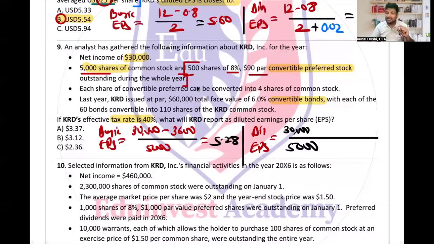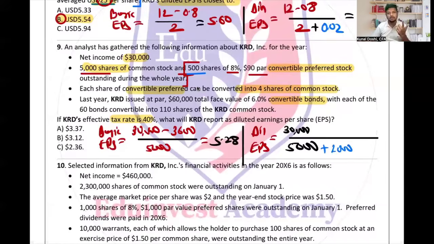But whenever there is convertible preferred stock, there will be new shares. 500 shares of 8%, $90 par convertible preferred stock outstanding. Each share of convertible preferred can be converted into 4 common stocks. So 500 into 4, additional 2,000 stocks.